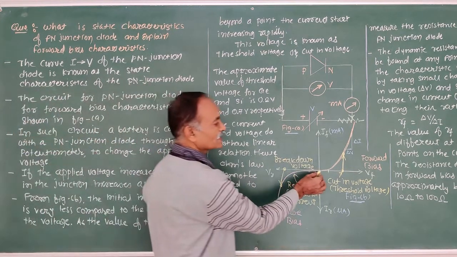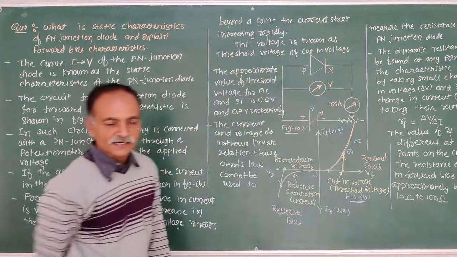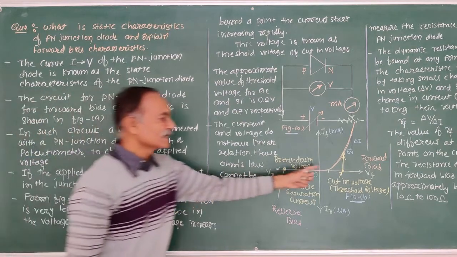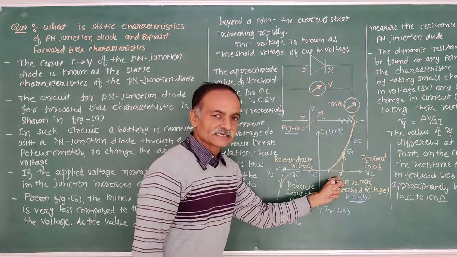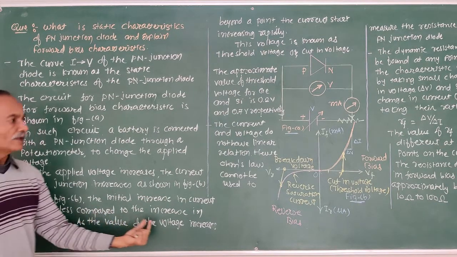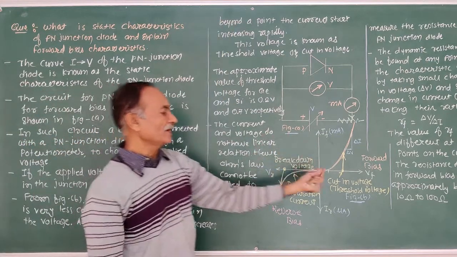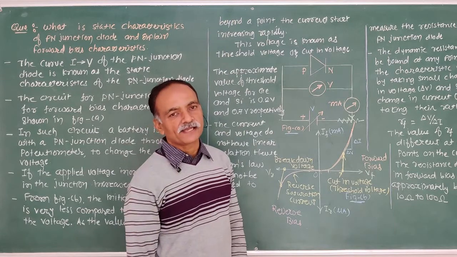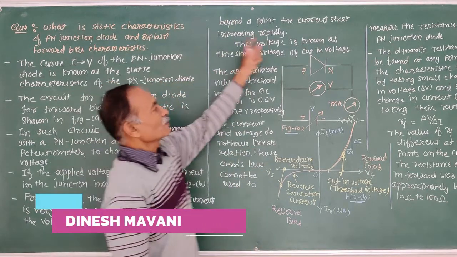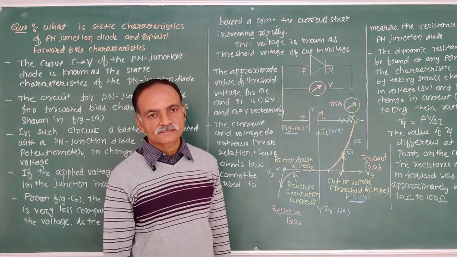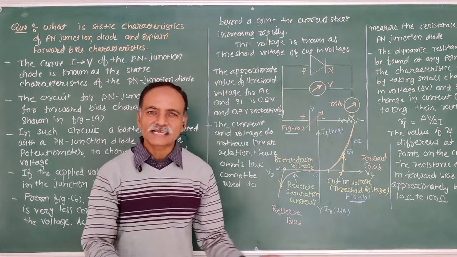As the voltage increases, current also increases in the junction. From figure B, the initial increase in current is less compared to the increase in voltage. As the value of the voltage increases beyond a point, the current starts increasing rapidly. This voltage is known as the threshold voltage or the cut-in voltage. So only we have to describe this.